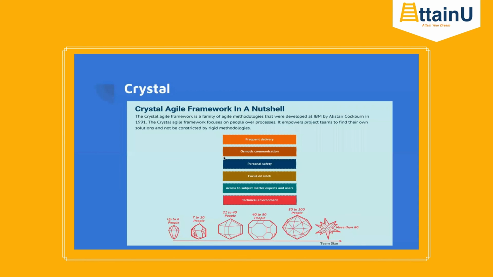And what happens. There is one more framework which is called Crystal, right? In Crystal, it basically depends on what kind of company you work in. If there are six people in the company, you focus on something else, you work like something else. There are 7 to 20 people, the methodologies can change.